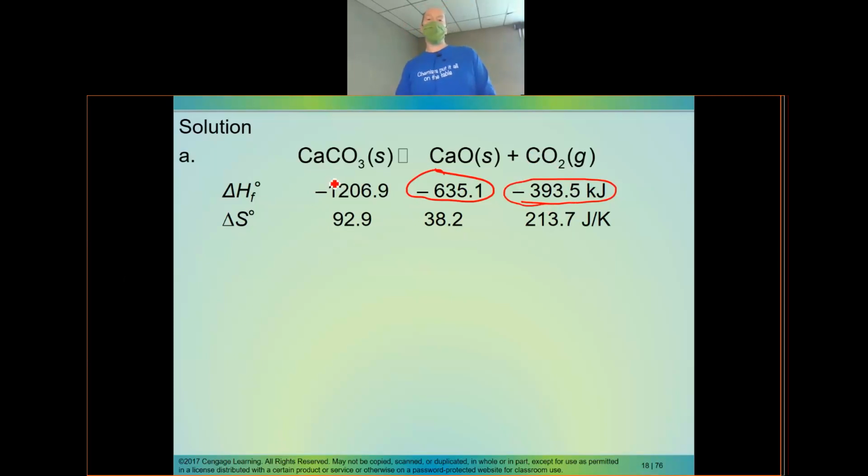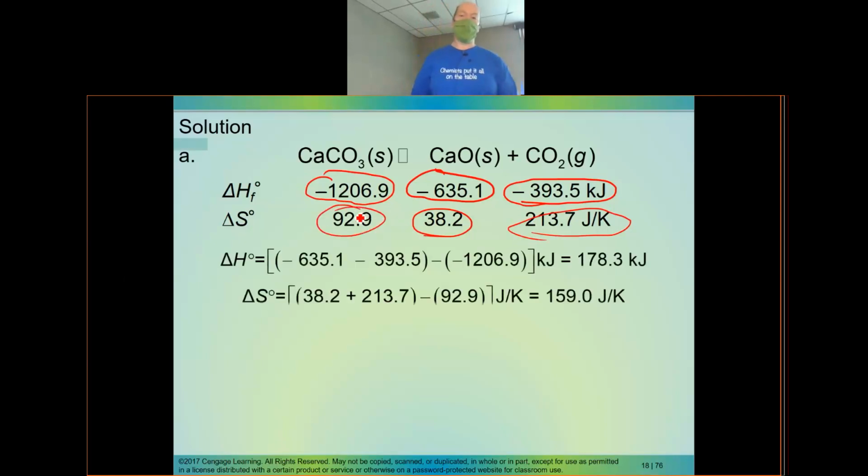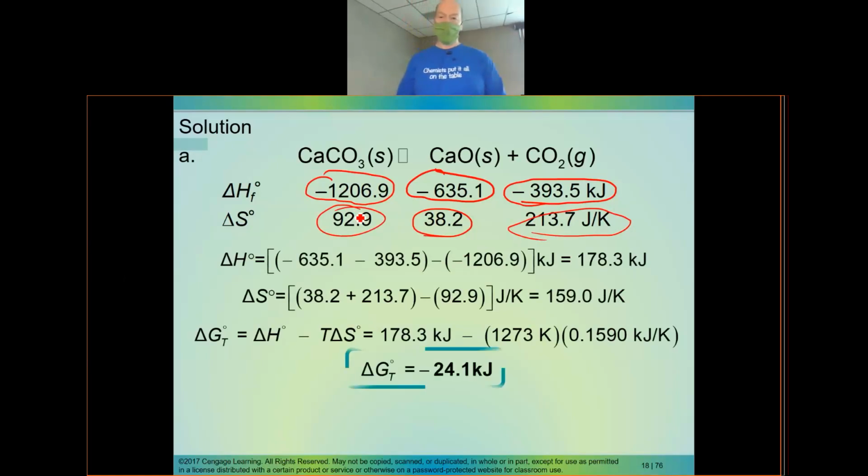Then we're going to subtract a negative number, which is then going to be a positive 1206.9. And we do our products minus reactants. Same thing here. Products, add these two numbers, minus reactants, that number, and you have your delta H and you have your delta S.